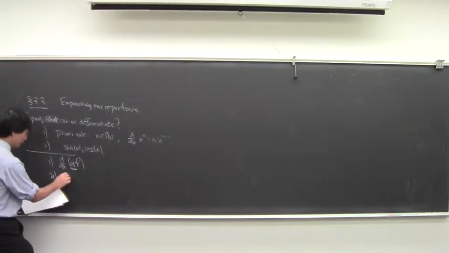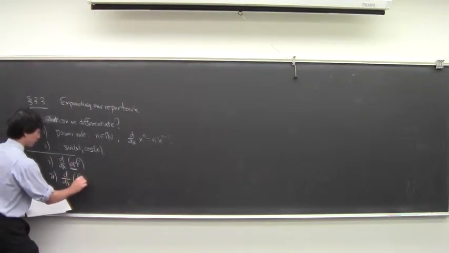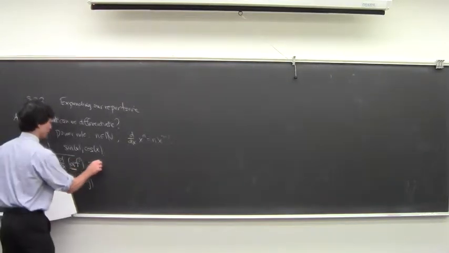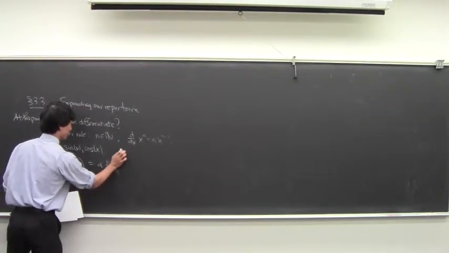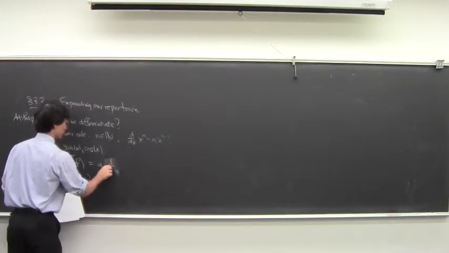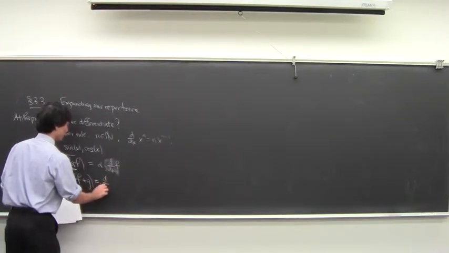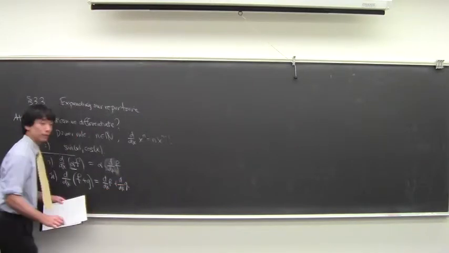We can differentiate the sum of functions, right? The derivative of a constant times a function is the constant times the derivative. The derivative of a sum is going to be the sum of the derivatives.